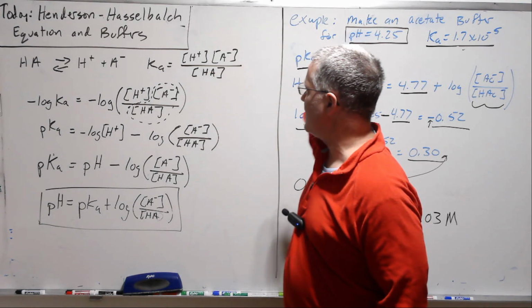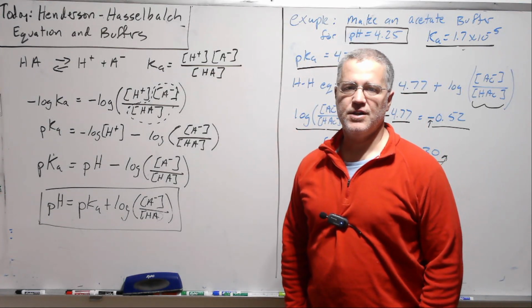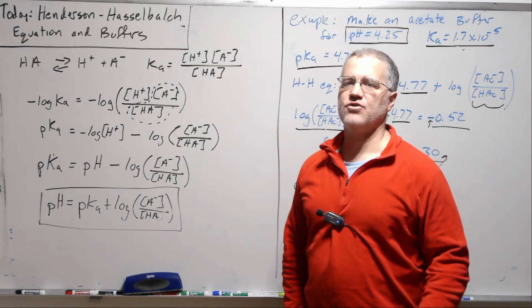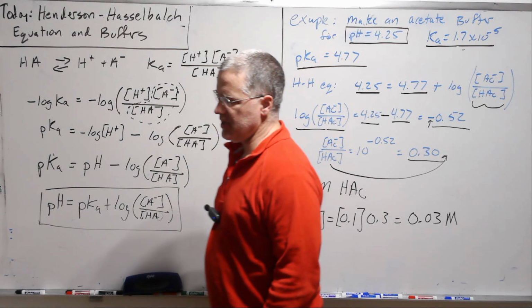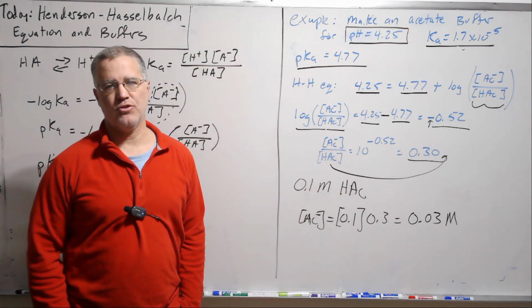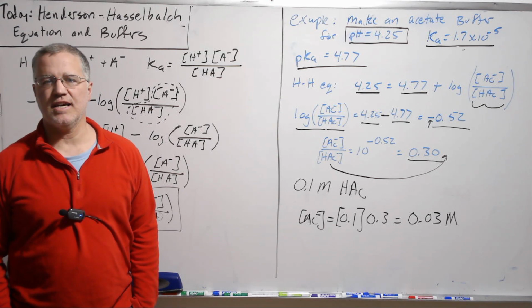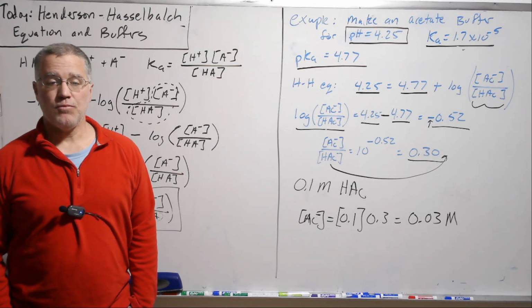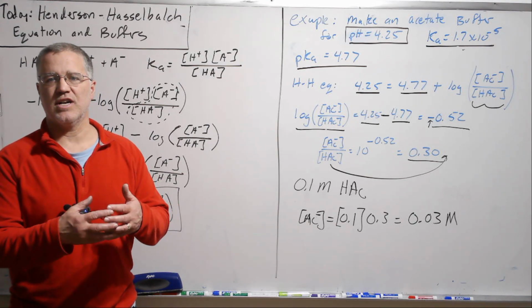This is a workhorse equation in biochemistry laboratories, in molecular biology laboratories where you're making buffers all the time. So practice this. There should be plenty of problems in whatever chemistry book that you have, and get good at using the Henderson-Hasselbalch equation, both when you're sitting down with your homework, but also when you're in the laboratory.